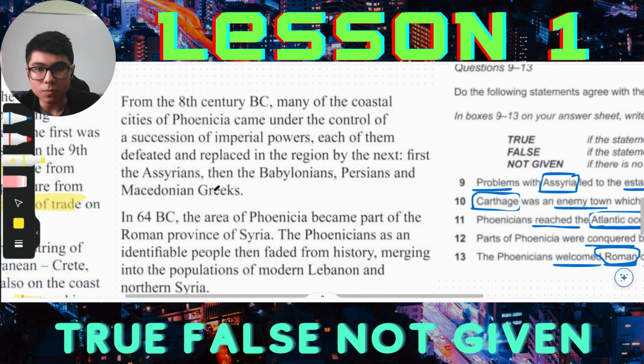So many of the coastal cities of Phoenicia came under the control of a succession of imperial powers. Imperial powers is empires, and so these imperial powers defeated many of the coastal cities of Phoenicia, right? Those empires conquered many of the cities of Phoenicia. Like first the Assyrians, then Babylonians, then Persians, then Macedonian Greeks.